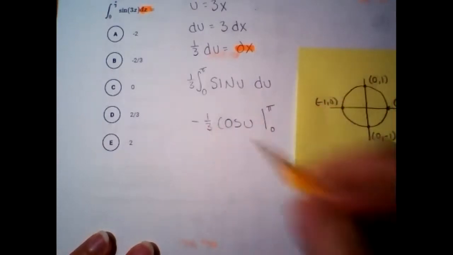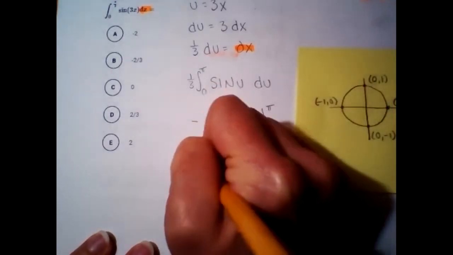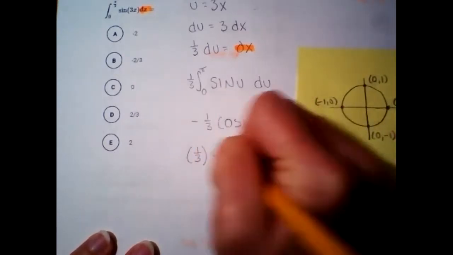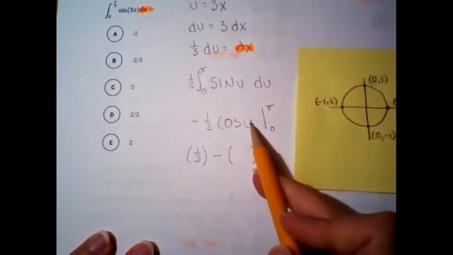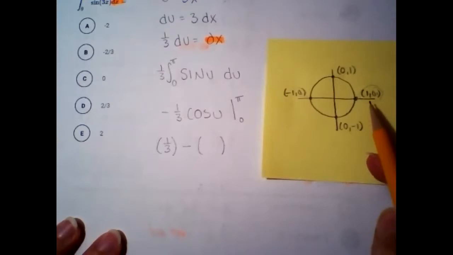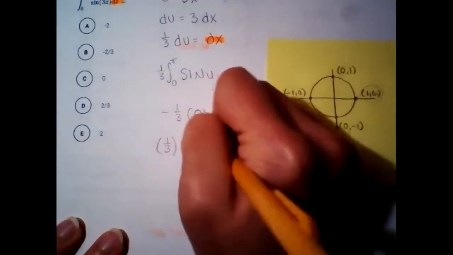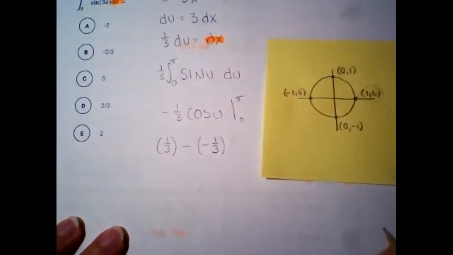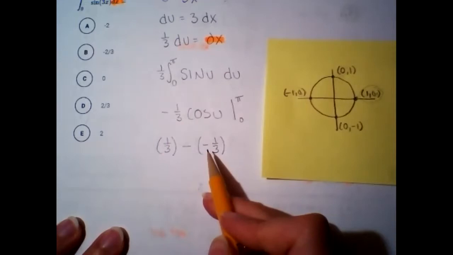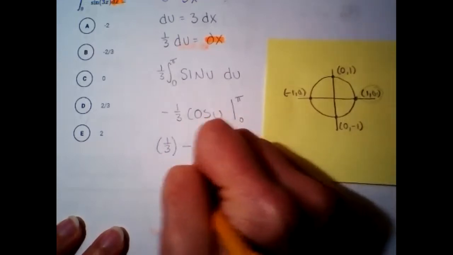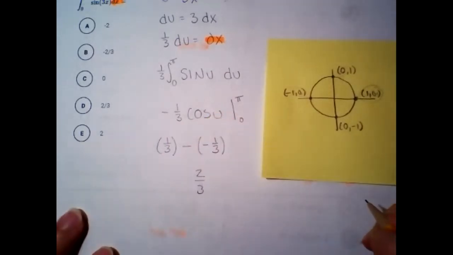Times negative 1/3 would just be 1/3. Minus, and now I'm going to do cosine of 0. So here's 0. Cosine, again, the x value is 1 times negative 1/3 is negative 1/3. So the negatives are going to cancel. 1/3 plus 1/3 will be 2/3. So D.